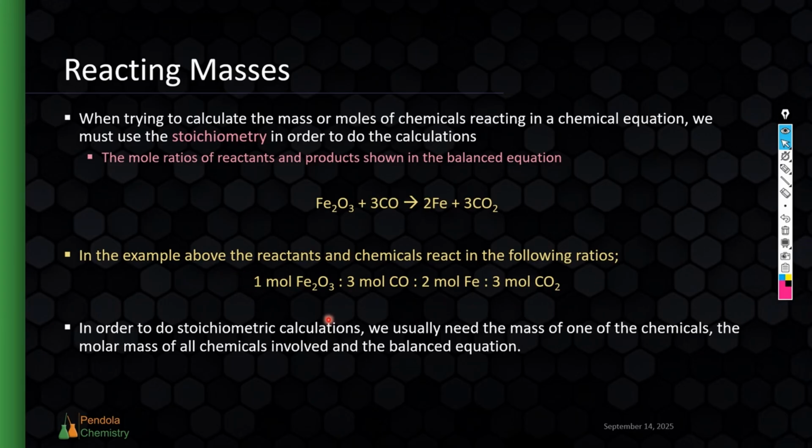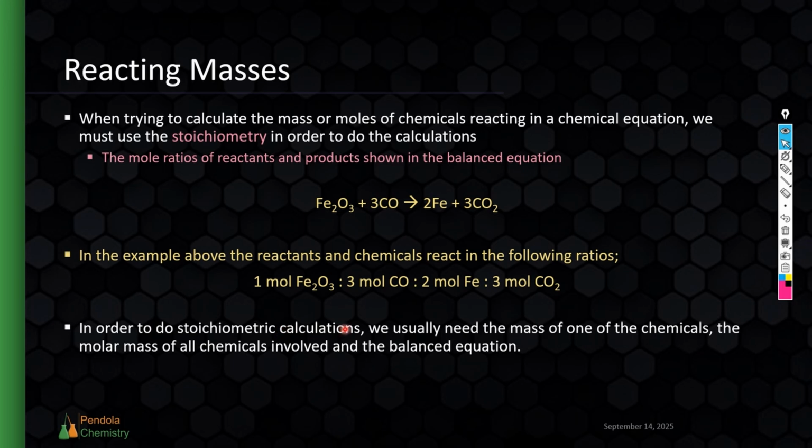Now, the other part of this is that these are not always going to be direct mole-to-mole conversions. If we needed to go from grams of iron(III) oxide to volume of CO2, for example, that would still involve these coefficients, these mole ratios, as well as other conversions like molar masses and Avogadro's constant, or Avogadro's hypothesis, and using the molar volume.